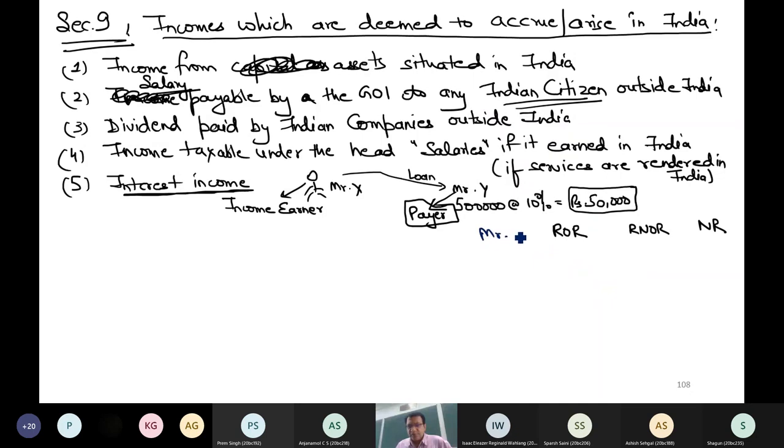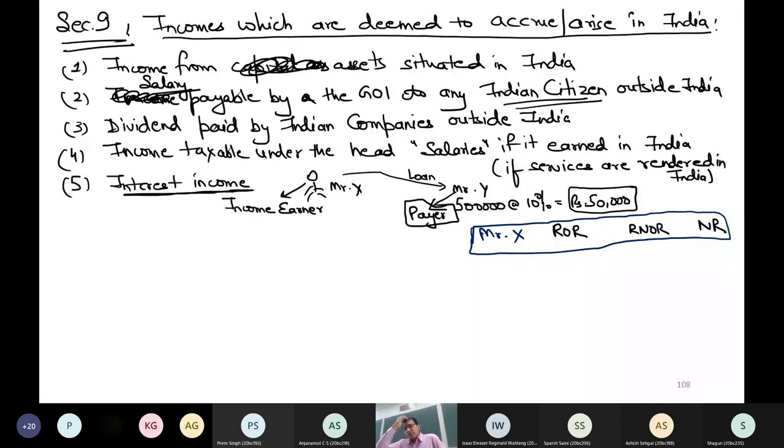So this residential status is of Mr. X. I'm not concerned about the residential status of Y because Y is not the person who is earning. In fact, he is incurring the expenditure. So I want to check who Mr. X is. Mr. X can be ROR, RNOR or NR.